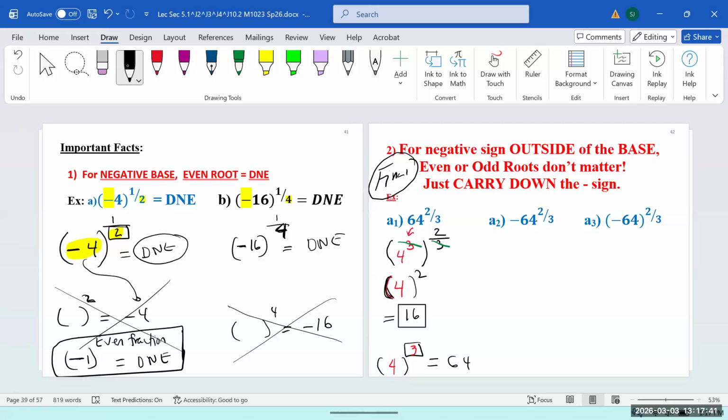In the second one, is this negative a base or a multiplication? Multiplication. Good job. So negative times something to the power 2/3. Now you already know it's 4 to the 3. What happens then?